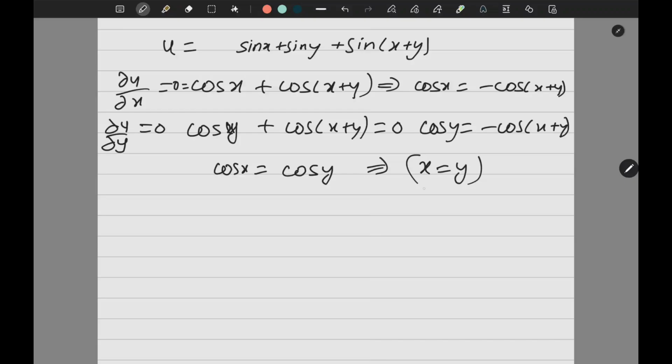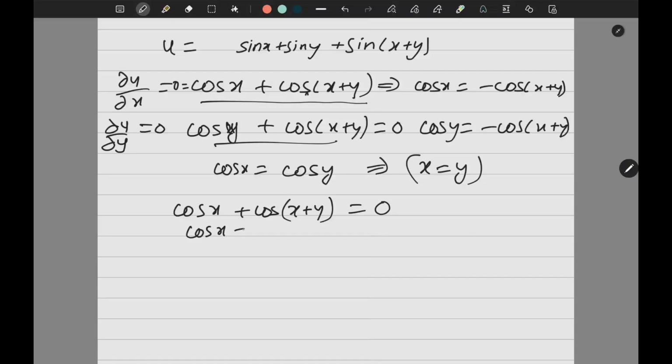But now I need to substitute this to get the values of X, Y. So any one equation you pick up, either this or this. Now cos X plus cos(X plus Y) is equal to 0. So cos X plus cos 2X is equal to 0. Now how to solve this? What is the formula for cos 2X? 2 cos square X minus 1.